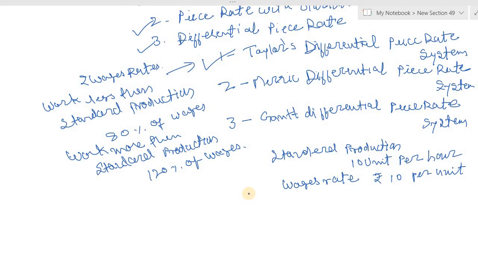On a day, in 8 hours, A produced 75 units and B produced 100 units. Then what is the standard production?